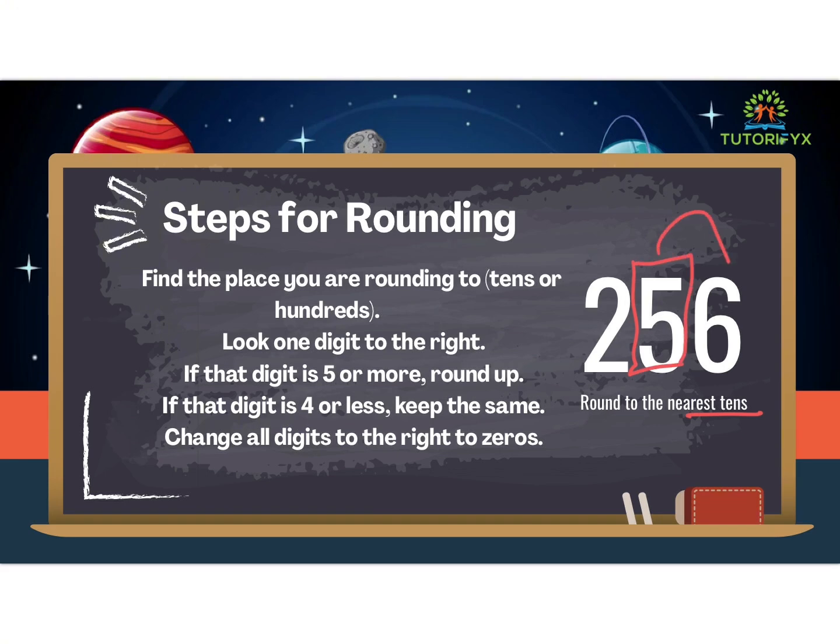I'm going to put an arrow to my neighbor. I'm going to say, hey, neighbor, are you 5 or more or are you 4 or less? Obviously, that 6 is greater than 5, right? So that means that 5 is going to turn into a 6. Everything else behind it turns into a 0. But we can't forget to bring down the 2. So it rounds to 260. It's going to round up.